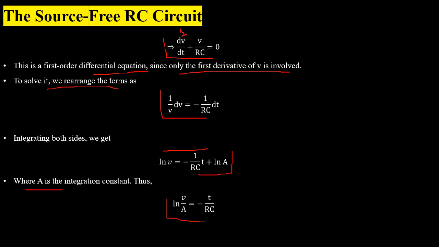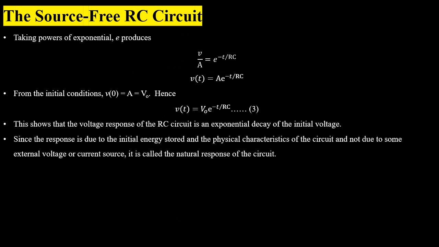Now using the logarithmic properties, we will have the equation natural log of voltage over A equal to minus time t divided by RC. Now for the last equation obtained in the last slide, we will take power of exponential on both sides, which will give us voltage over A equals exponential with the power of minus t over RC.